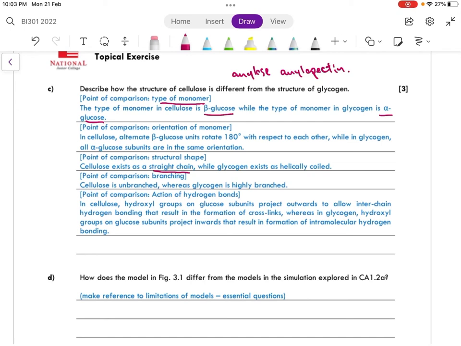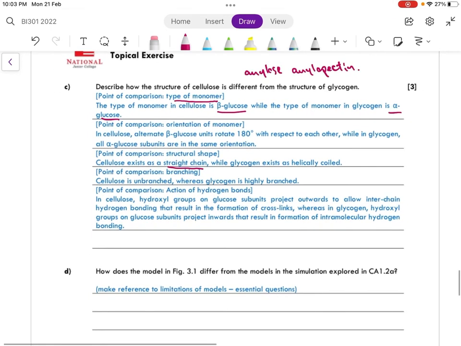Last but not least, in cellulose, hydroxyl groups on the glucose subunits project outwards to allow interchain hydrogen bonding. So let's say this is one cellulose strand. All the hydroxyl groups project outwards, such that if I have adjacent cellulose fibers, they can interact with each other via hydrogen bonding.